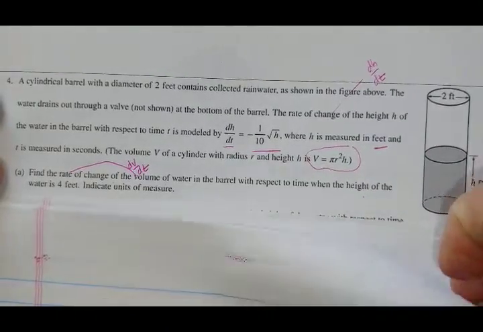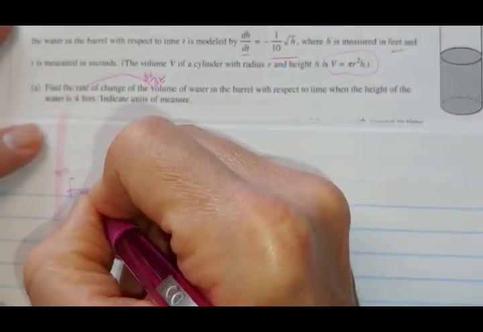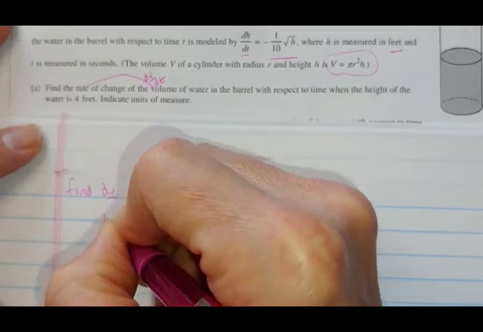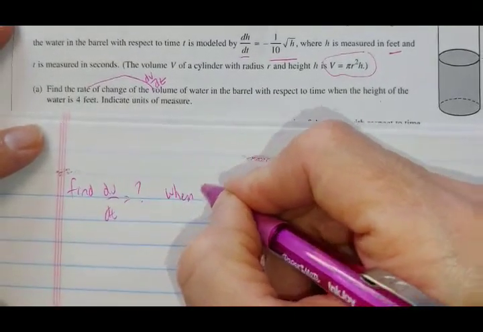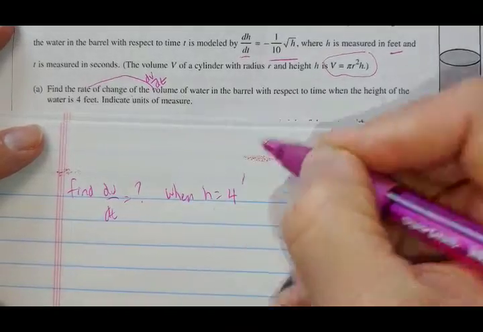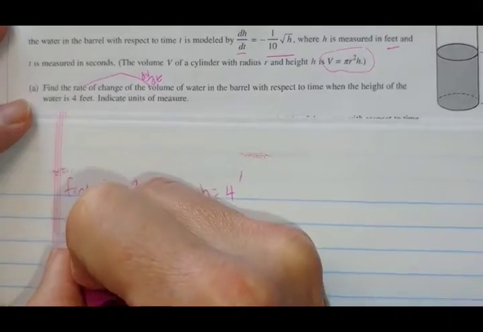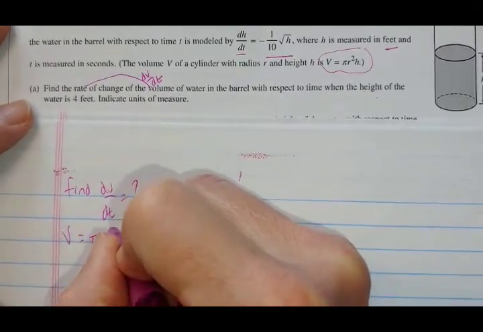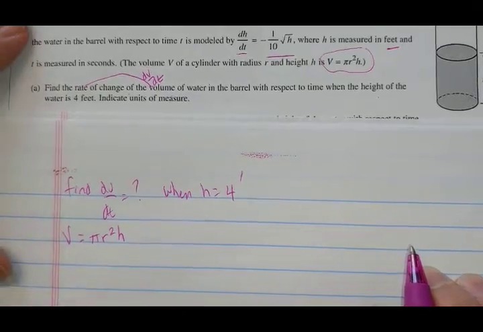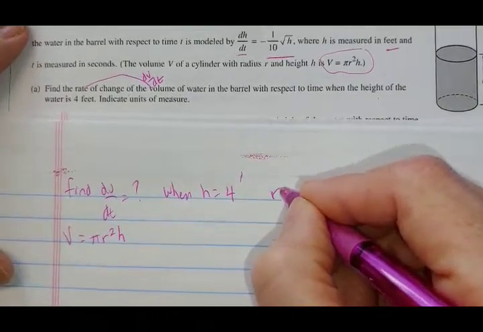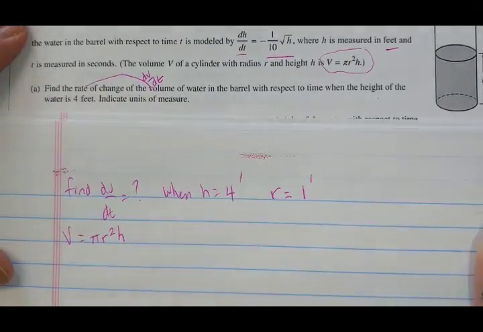So basically our goal is to find dV/dt, which we don't know, when h is equal to 4 feet. They gave us the formula for volume, V is pi r squared h. And in this case, since it's a cylinder with a diameter of 2 feet, the radius is 1 foot all the time.